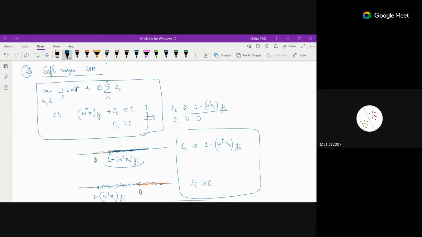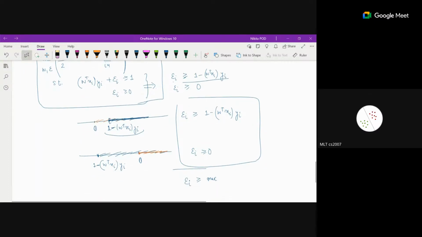Now what we are saying is that my goal was to minimize this objective, and my objective should also consider that my epsilon I should be greater than or equal to 0, and also greater than or equal to 1 minus W transpose Xi times Yi. It should satisfy both constraints, right?